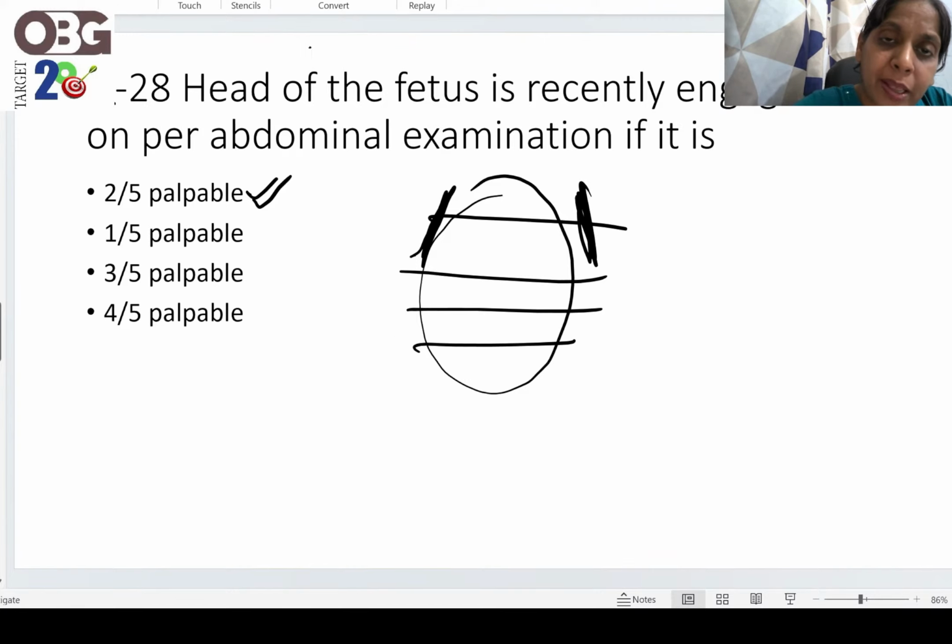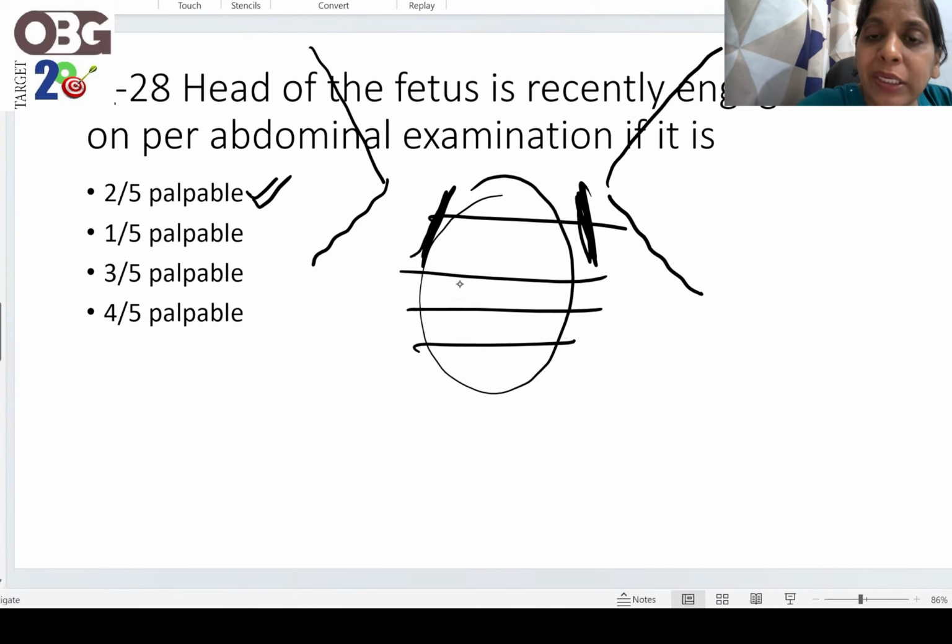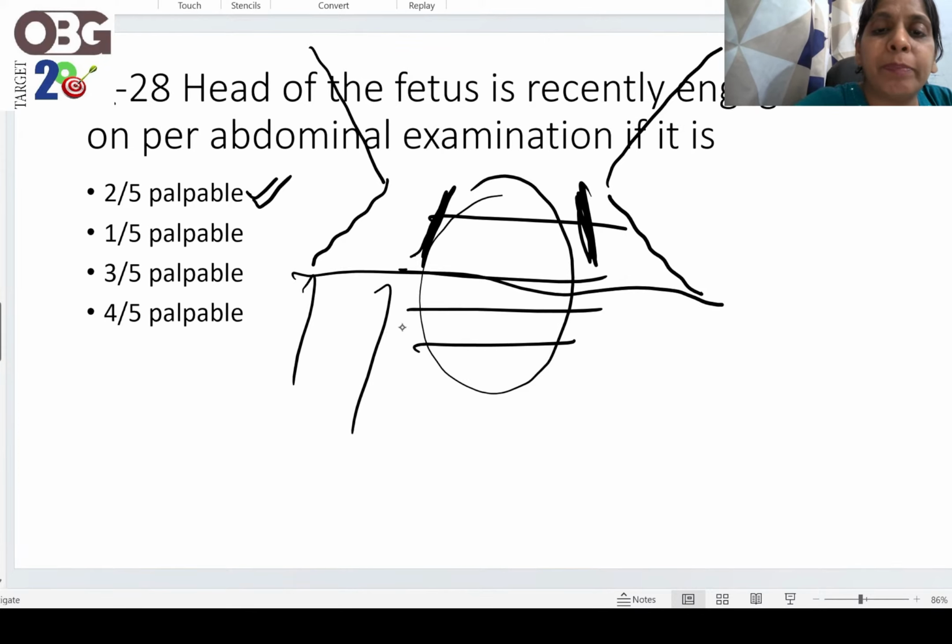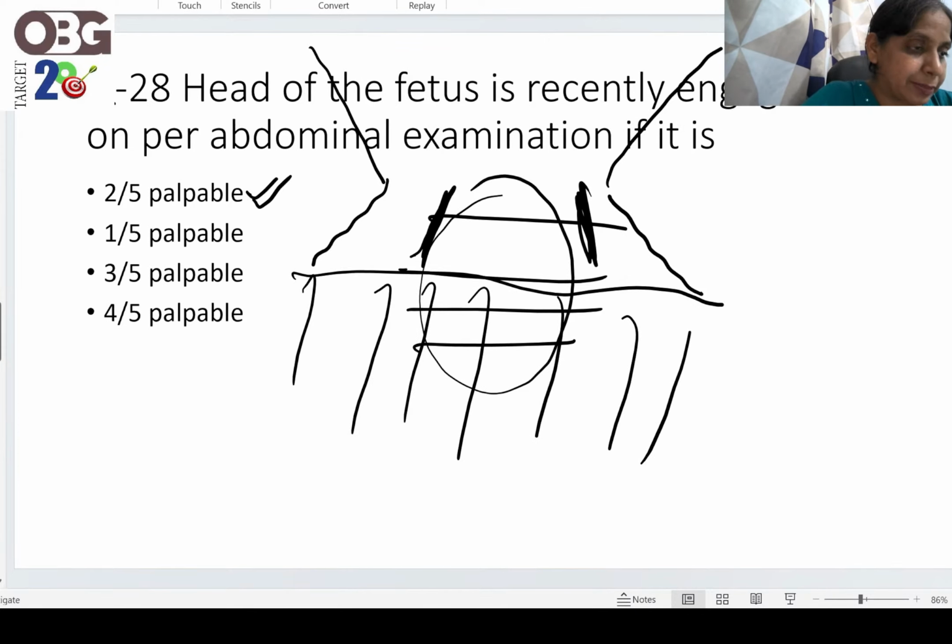For example, if this is the lady's abdomen, then on PA only this much will be felt and the rest will be below the pubic symphysis.